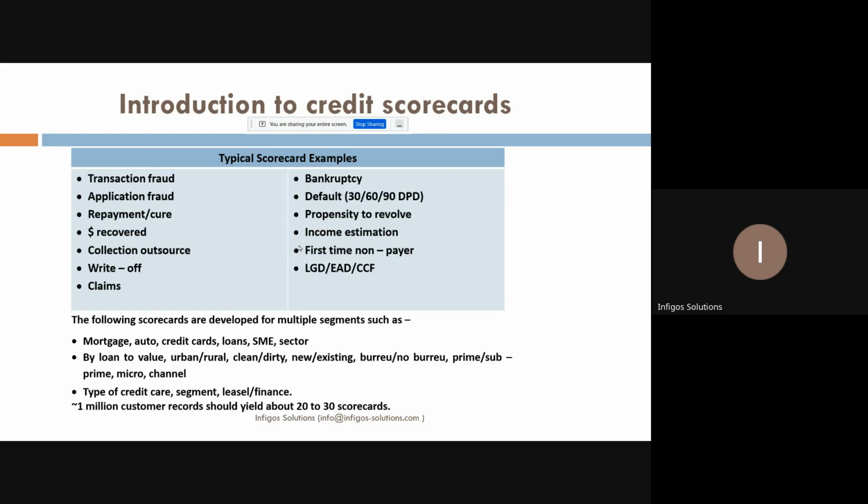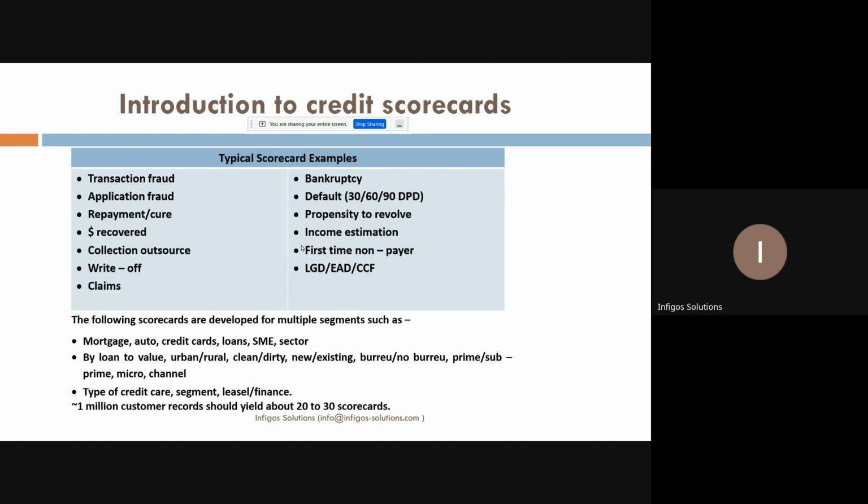Whether you should write off, for that also you have a scorecard, and you have a bankruptcy scorecard for whether it's going to go bankrupt. You have DPD indicators like 30 DPD, 60 DPD, 90 DPD, and propensity to resolve, that kind of scorecard.